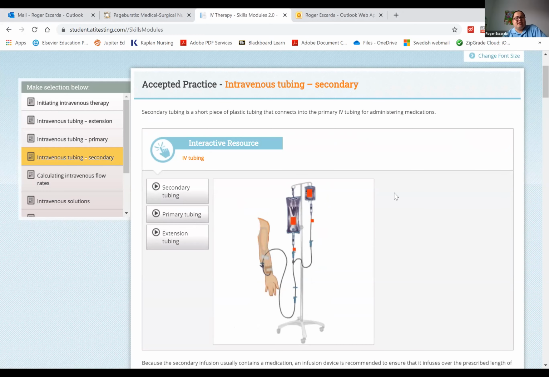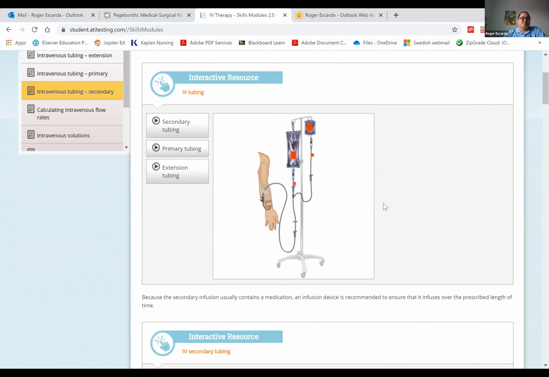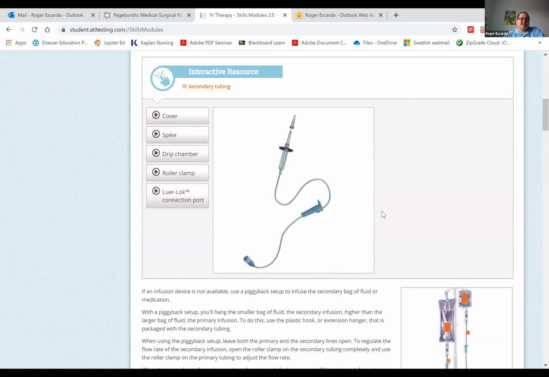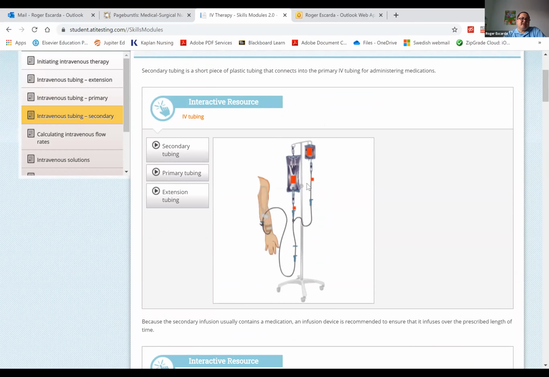As far as between primary and secondary tubings, it's not always a rule that the bigger bag is primary and the smaller bag is secondary. They can be the same size bags.